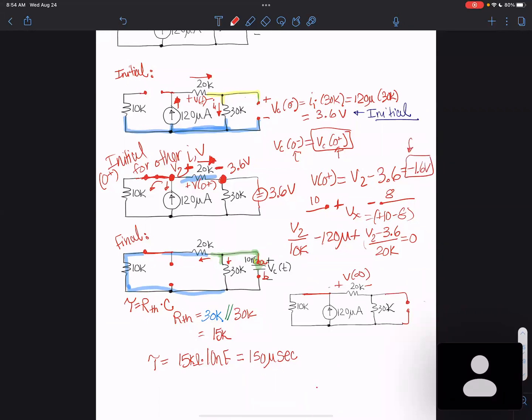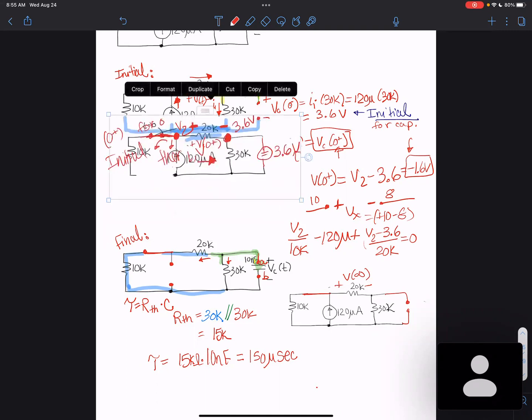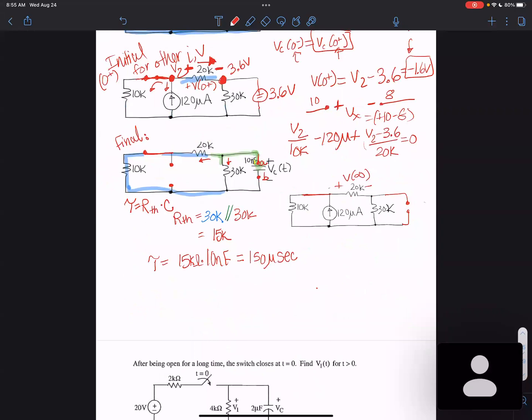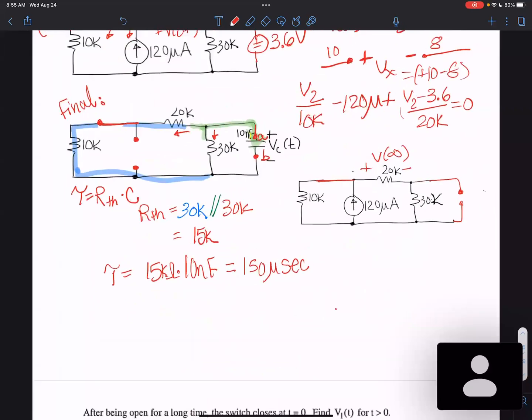So this is going to be our initial value. This is the initial for the capacitor. So negative 1.6 will be our initial value, and then we need to find the final value. So how can we find the voltage across this 20K?